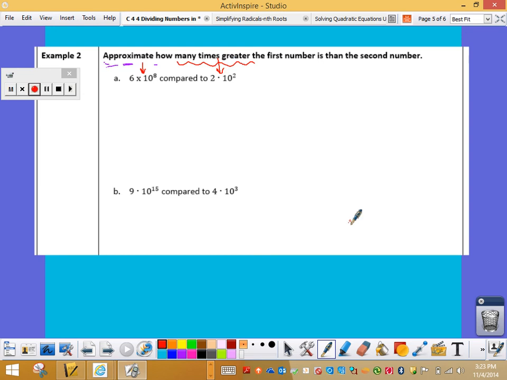How many times? The way that we do that is we are going to divide 6 times 10 to the 8th by 2 times 10 squared. And I'm just going to use the X sign. Okay, so let's break it up, and we'll do this the same way we have been.